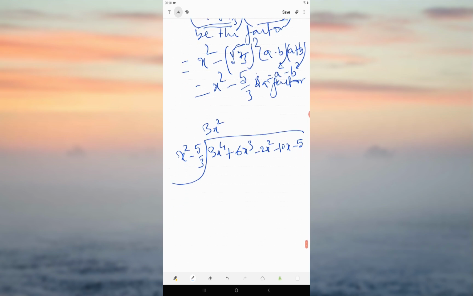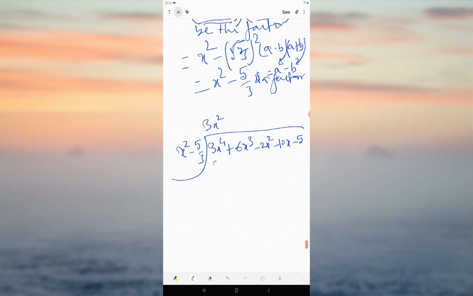So that will give you 3x to the power 4, minus 5 by 3 x square. So this will be minus, this will be plus. So first will come 6x cube and then minus 2 plus 5 by 3.